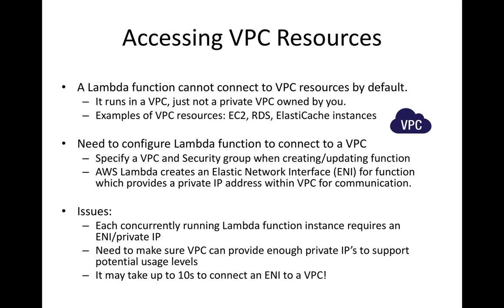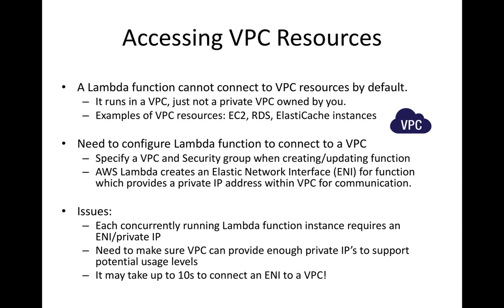Now there are a couple issues with this sort of configuration. Every single Lambda invocation will require a private IP address within your VPC. You could imagine a scenario where you might have hundreds or even thousands of Lambda functions being invoked concurrently in a heavily used application.